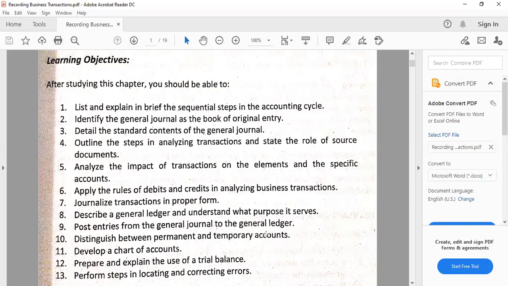Whereas the temporary accounts are the accounts to be closed, namely income and expenses in step 7, preparation of closing entries. And they are income and expenses as well as drawing. Then we also discussed chart of accounts, which is the list of account titles. So these are the items that we have discussed under posting from steps 8 to 11.